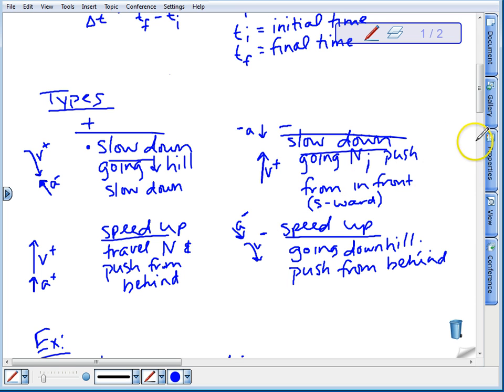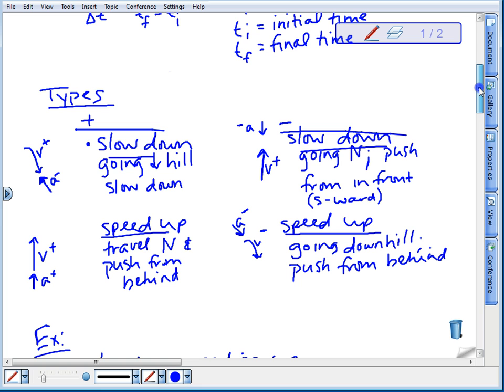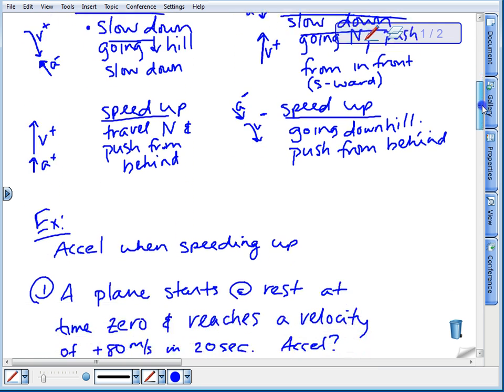Okay, so keep in mind that a negative acceleration just means that the change in motion is towards the negative direction. If you're already moving in a negative direction, you will speed up. If you're moving in a positive direction, but your acceleration is negative, that means you're going to slow down because you're going to be moving more towards the negative direction than you were.